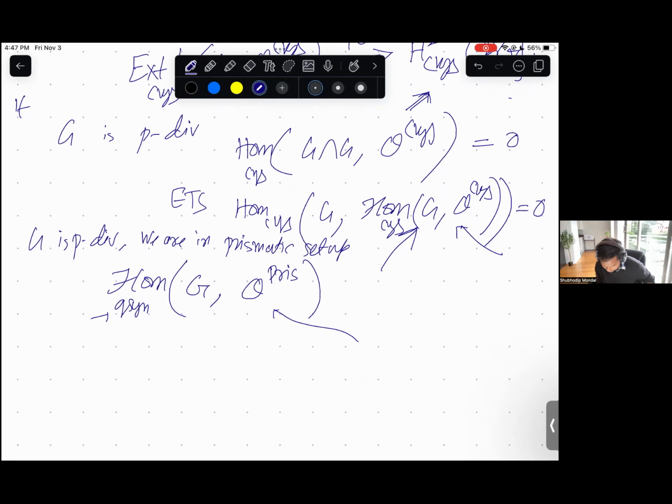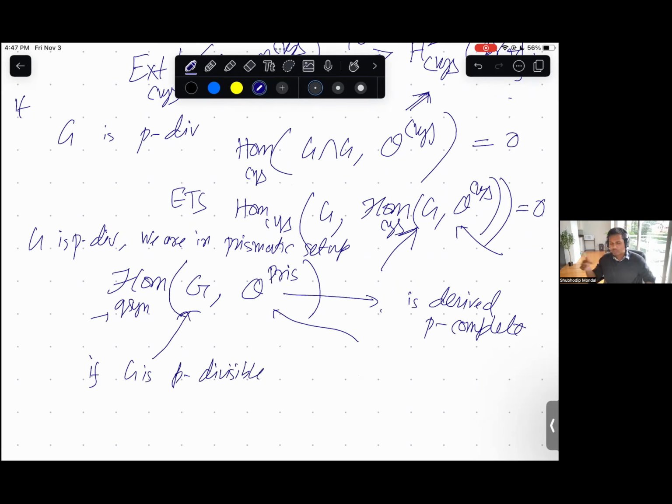One important feature is that this O-pris is derived p-complete. So if G is p-divisible, then any map from something p-divisible to something p-complete has to be 0. Very roughly speaking, if I have an element which is p-divisible, then this map will send it to something divisible by arbitrarily high powers of p, and by p-completeness, any such thing has to be 0.